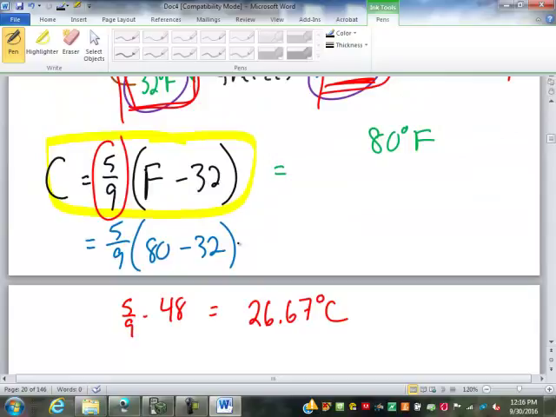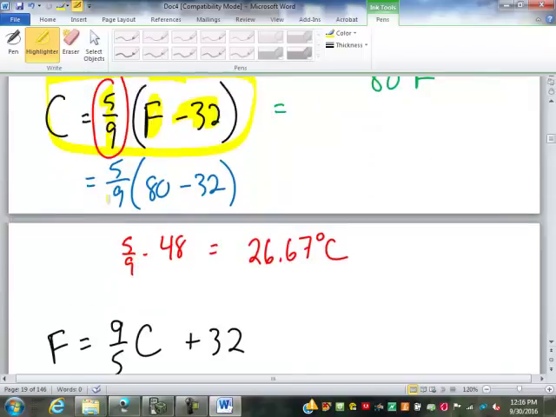Well, that's exactly what happened here. We took F, subtracted 32, and then multiplied by 5/9. The opposite of multiplying by 5/9 is dividing by 5/9, or multiplying by its reciprocal, 9/5. So to go the other way, we multiplied by 9/5, and then we added the 32 back on. The opposite operation in the opposite order.